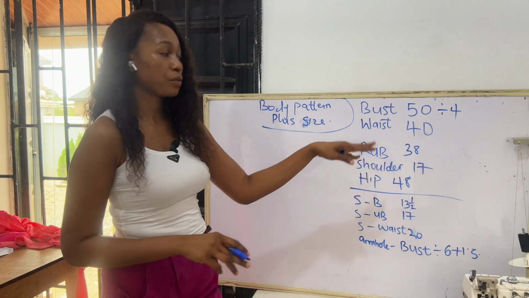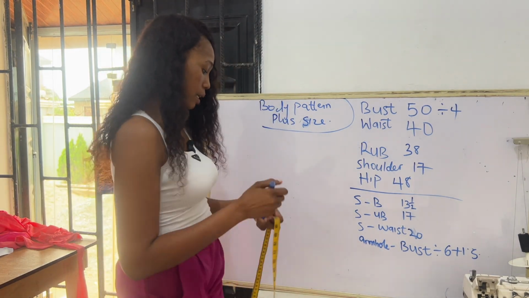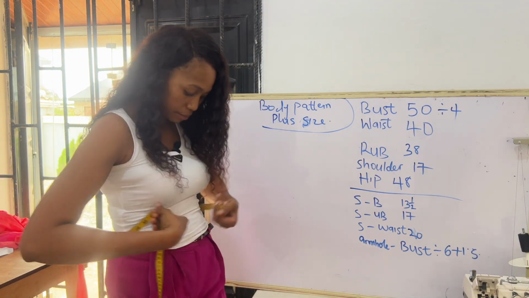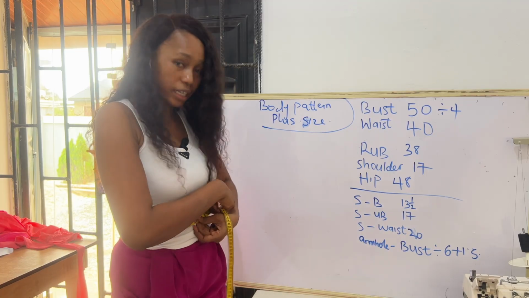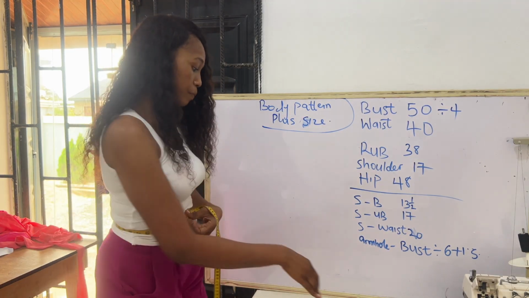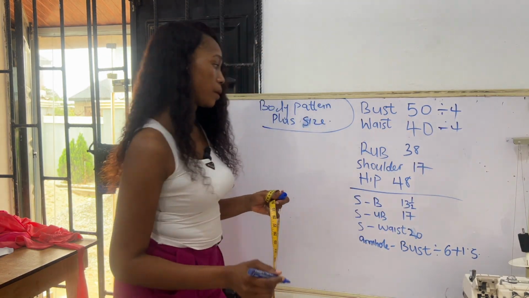Then we will now talk about the waist. Round the waist circumference. You take your round waist measurement, and you divide it by 4 also.